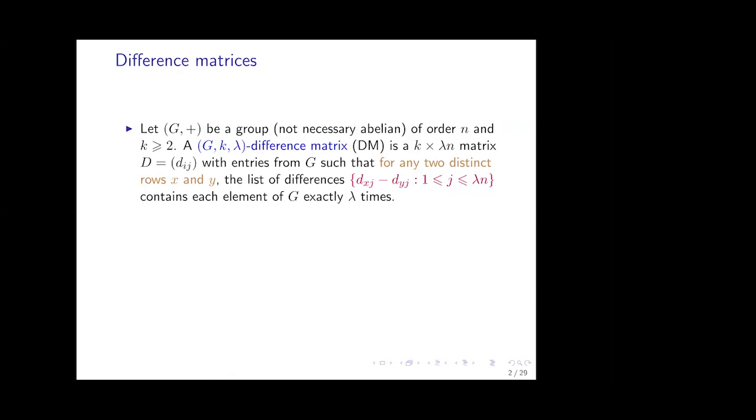A (G, k, lambda) difference matrix is a k by lambda n matrix D = (d_ij), where d_ij is an entry of the matrix from the group G, such that for any two distinct rows x and y, the list of differences d_xj minus d_yj, where j runs from 1 to lambda times n, covers each element of G exactly lambda times.